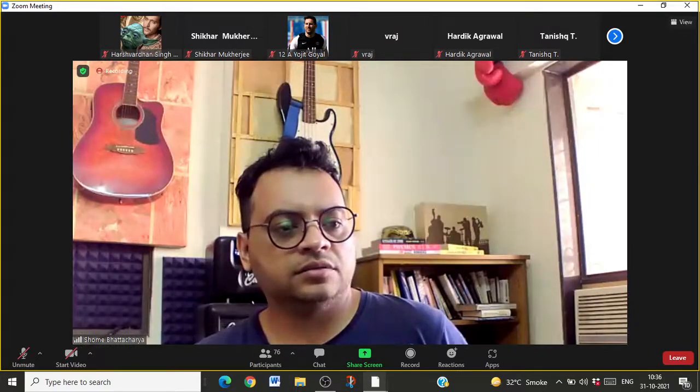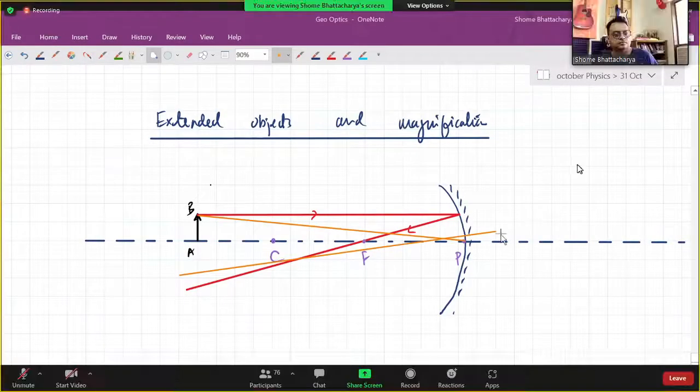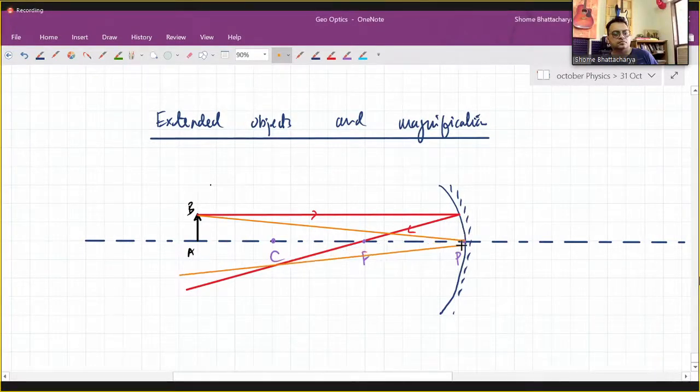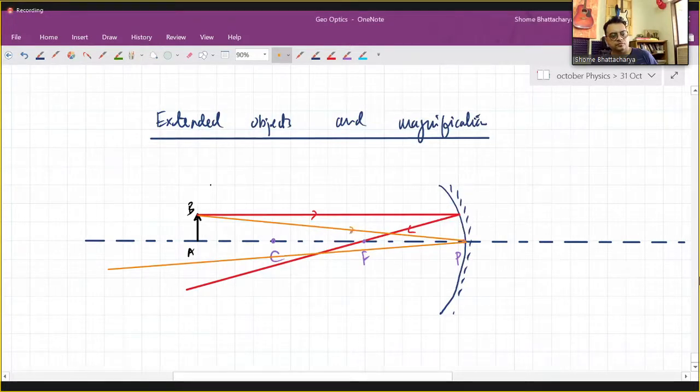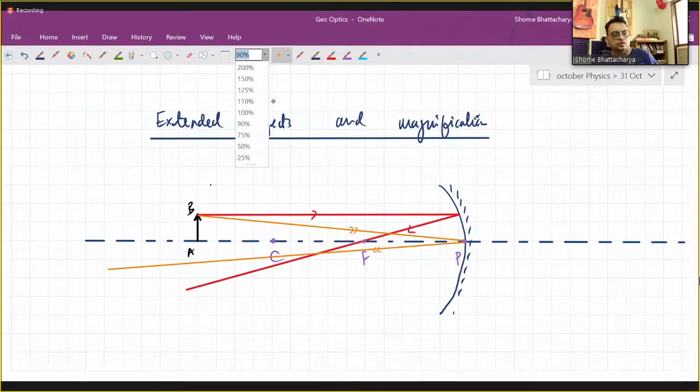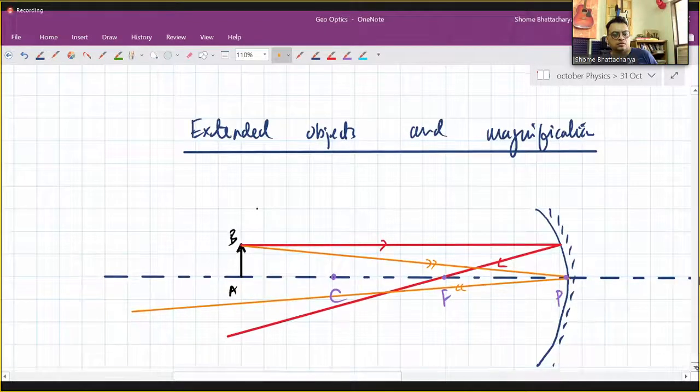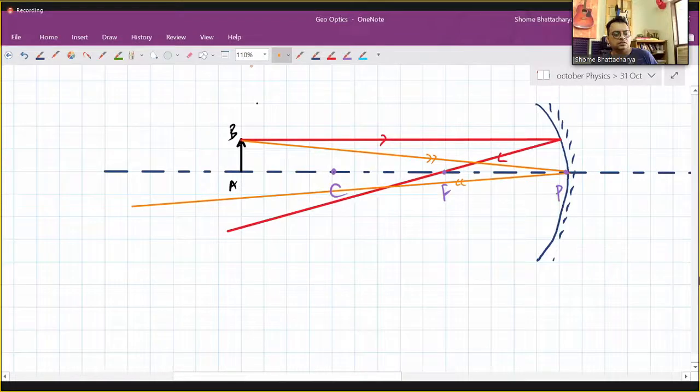Just a moment, I'll reshare that. So here, this second ray that I drew will be such that this angle is equal to this angle.